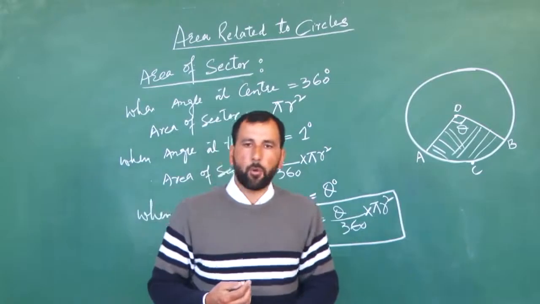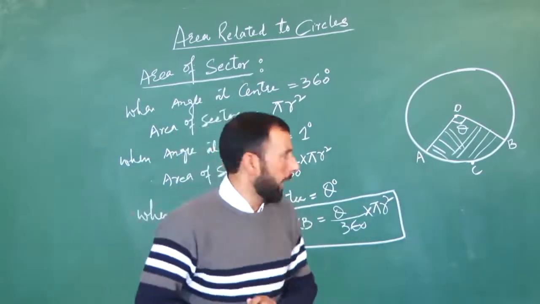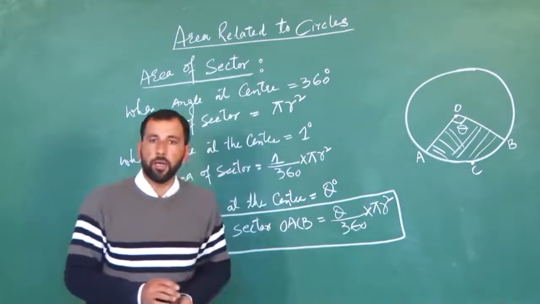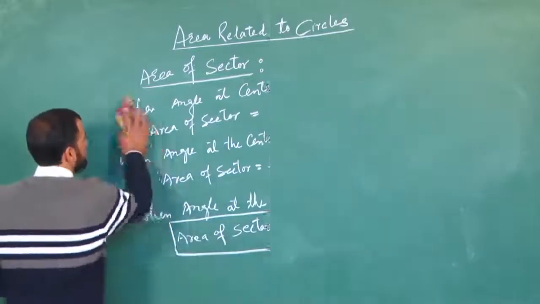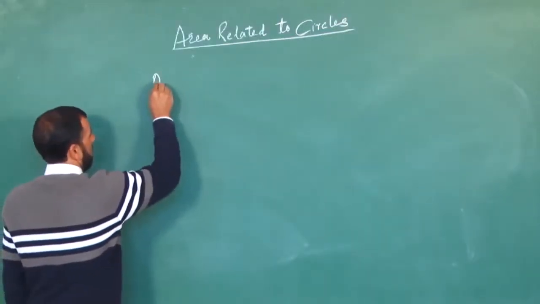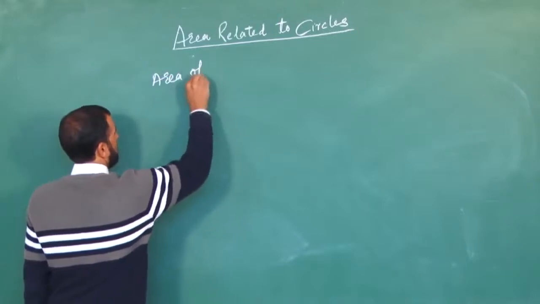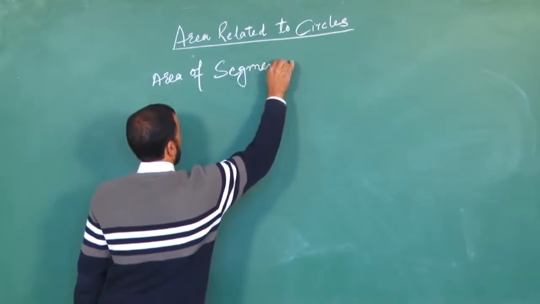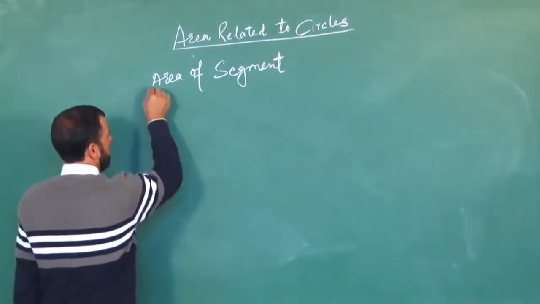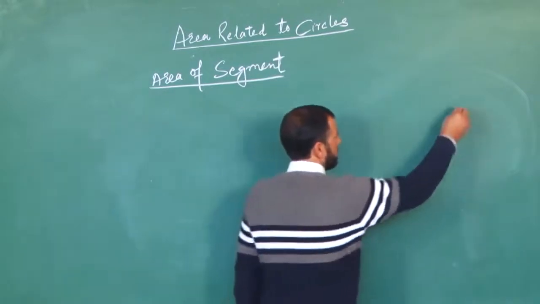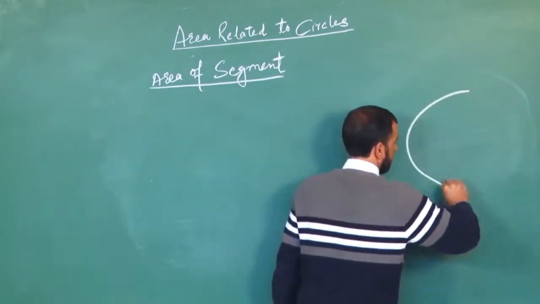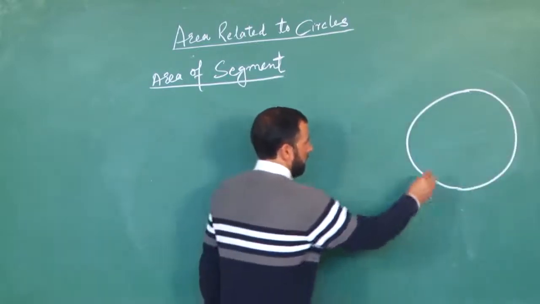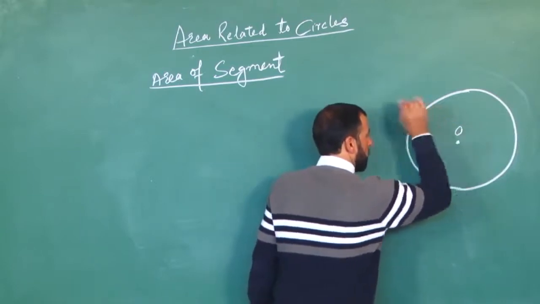Now, another point is the area of a segment of a circle. How do we find the area of a segment? Consider a circle. Let O be the center of the circle.